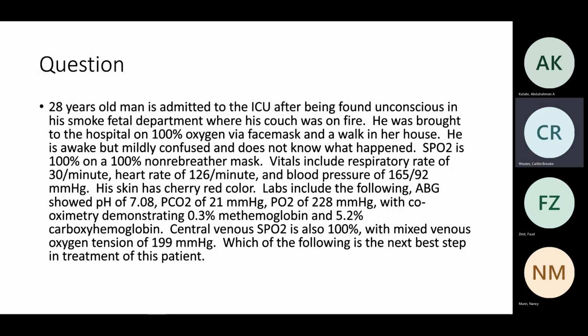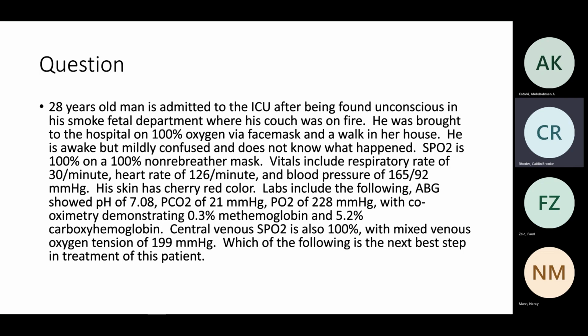He was brought to the hospital on a 100% face mask. He's awake but mildly confused and does not know what happened. Oxygen saturation 100% on a 100% non-rebreather mask. Vitals include respiratory rate of 30 per minute, heart rate 126, blood pressure 165/92.